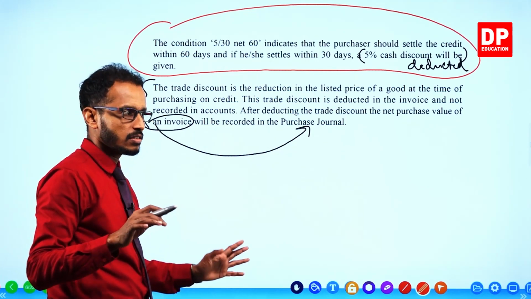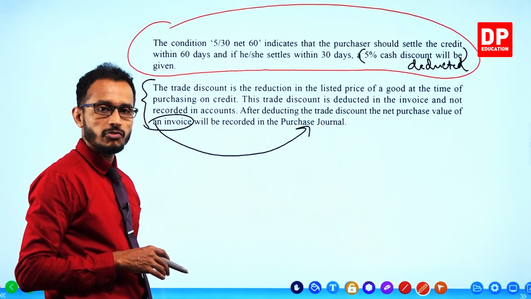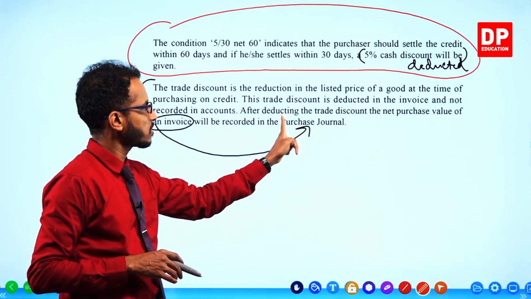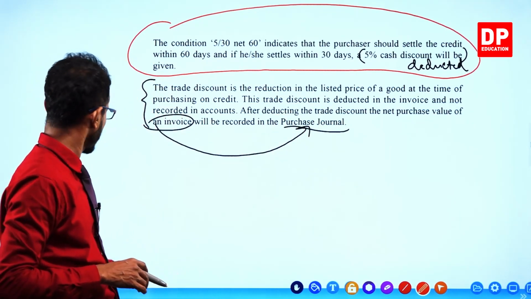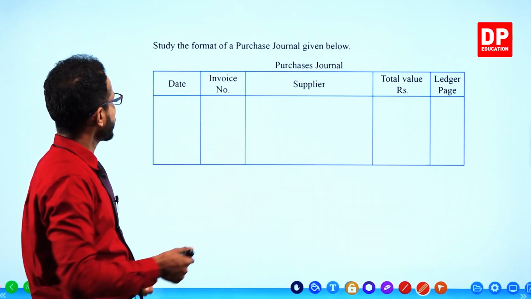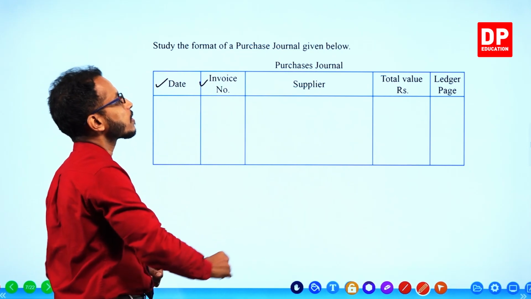Something that you can forget, so better you keep it carefully. Invoice value will be recorded in the purchases journal. Voila. Here you have a format. This is the format of the purchases journal. Date is there. Invoice number.